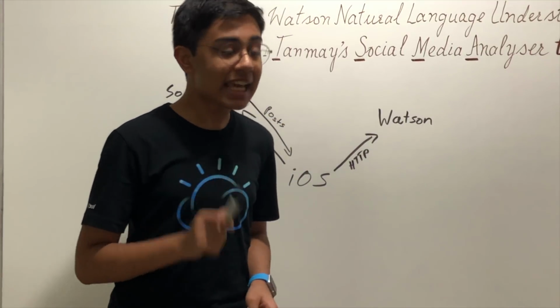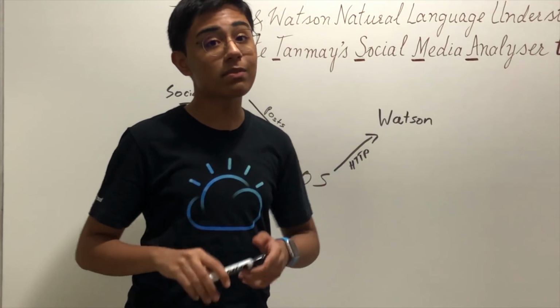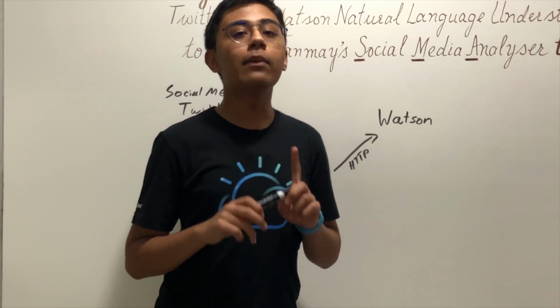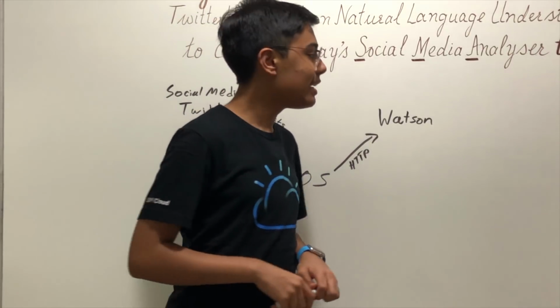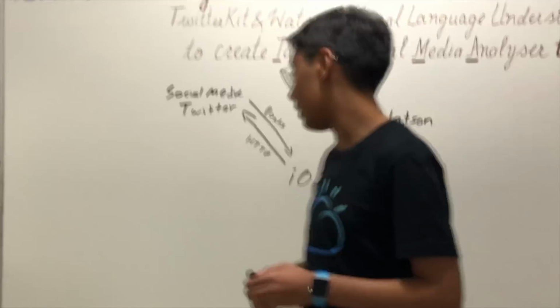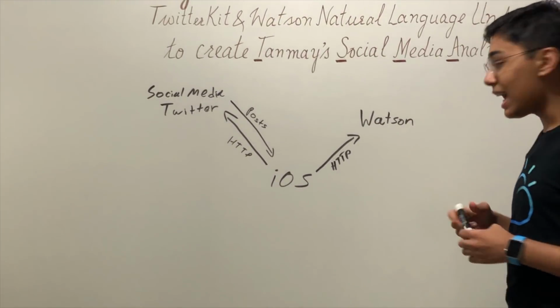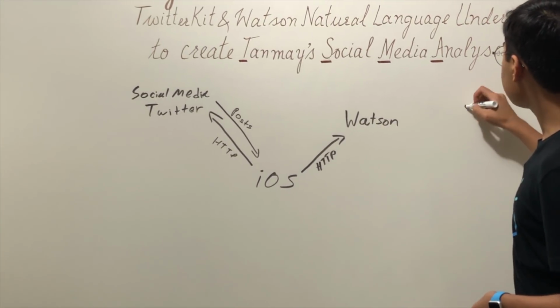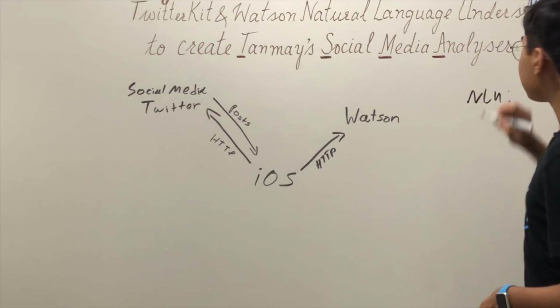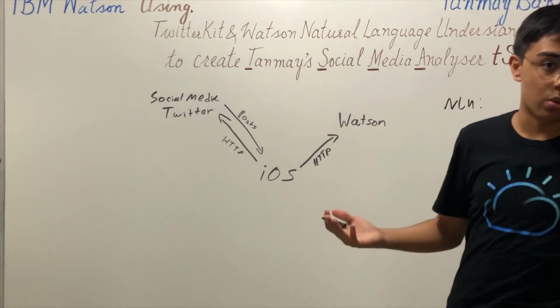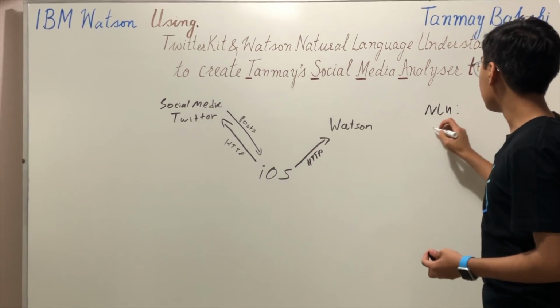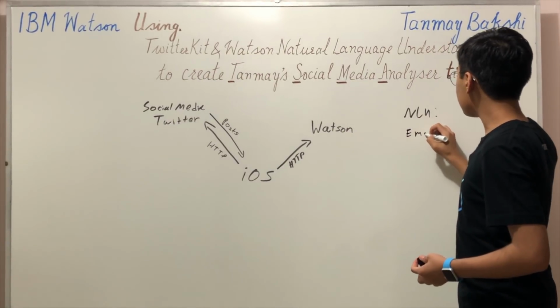You see, in this case, I could have used the sentiment analysis service. However, the reason I didn't decide to do that is because of one specific reason. And that is that with Watson NLU, I get something called an emotion score. I don't get sentiment, I get emotion. Now, what's the difference, you may say?